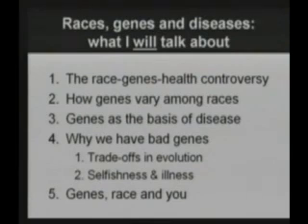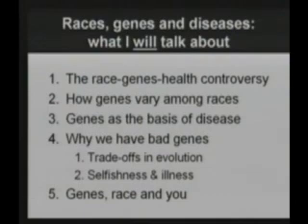So this is what I'm going to do in this talk. I've done number one already, I hope, which is to try to sketch in for you the background to the race, genes, health controversy, and you'll be aware of other aspects of that controversy yourself. The second part, how genes vary among races, is really about the relationship, two aspects of the three-part title, the relationship between genes and races.